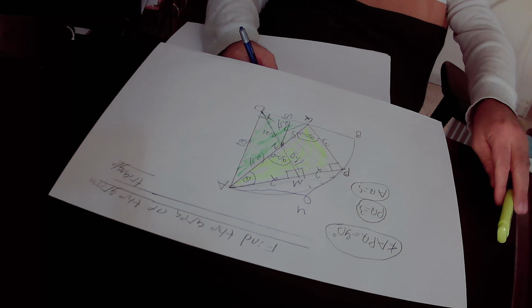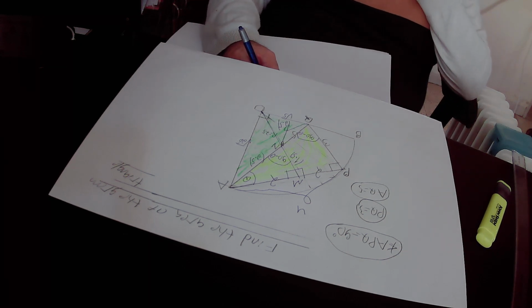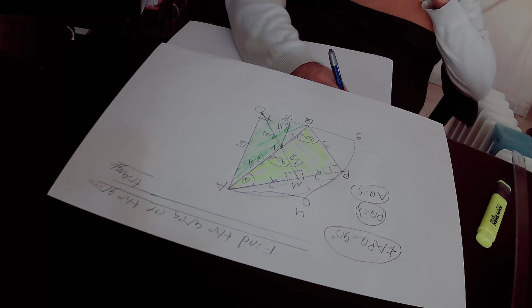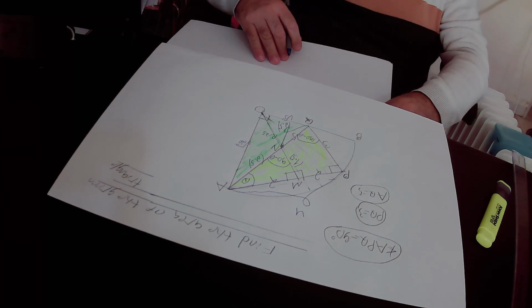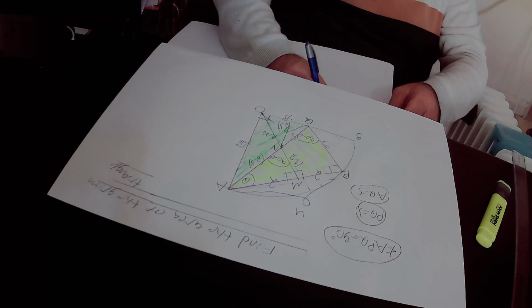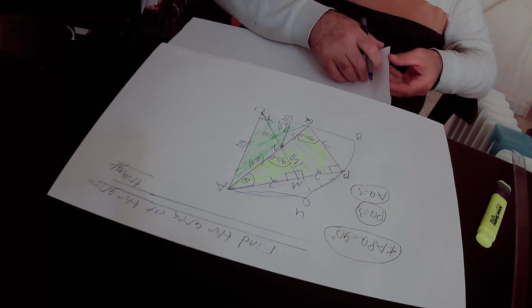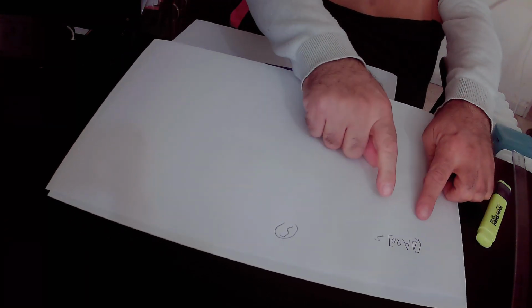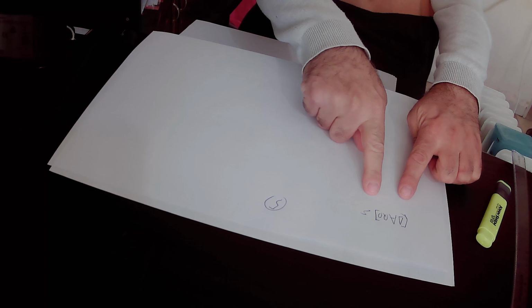So in the right triangle AOQ, the area of the right green triangle AQO, the square brackets mean the area of triangle AOQ.